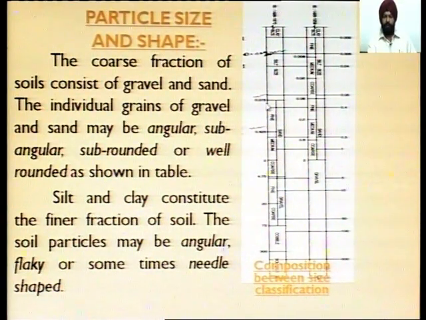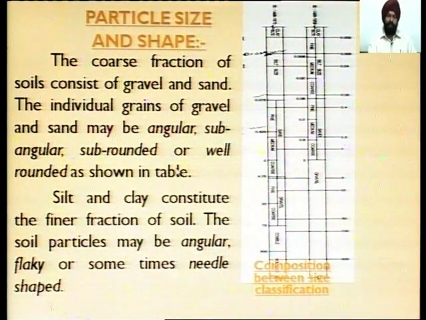From 0.075 mm down is the silt, up to 0.002 mm, and below that the very fine particles are known as clay particles. So, these are the group charts that are shown.